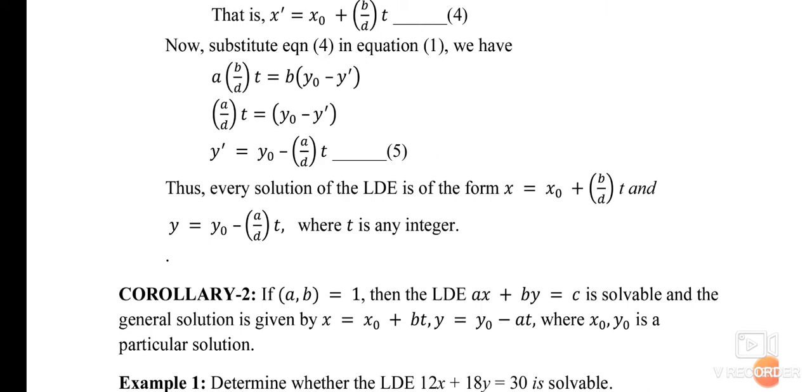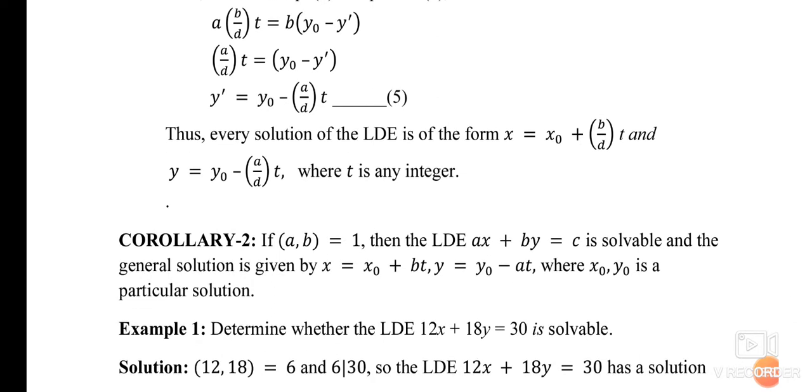So, this theorem states that when a LDE is solvable, it has infinitely many solutions. Thus, either a LDE has no solutions or infinitely many solutions. It means we cannot find a LDE with exactly a finite number of solutions.